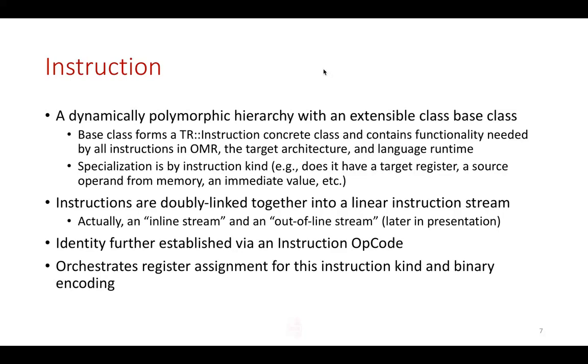Most code generators in OMR right now follow this kind of model. Something like the Z code generator, though, they tend to do things a little bit differently there. They have a single set of functions for register assignment that work on all the different kinds of instructions. So you will see that there's a fair bit of redundancy if you don't do it that way.